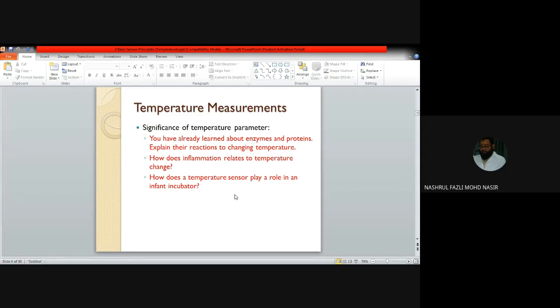And usually, like the example I've given just now, if a person has a high fever, it will affect the whole system of the body.